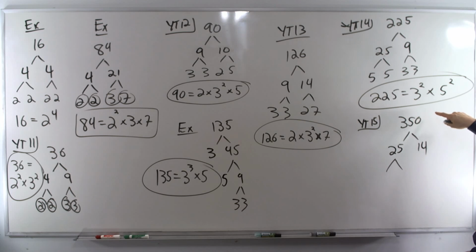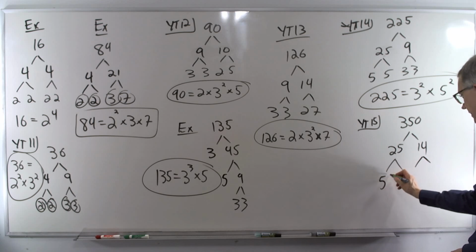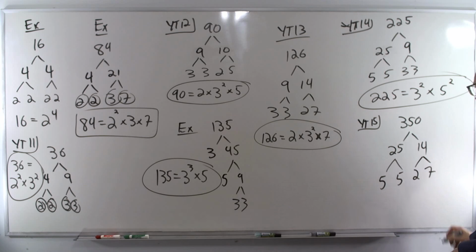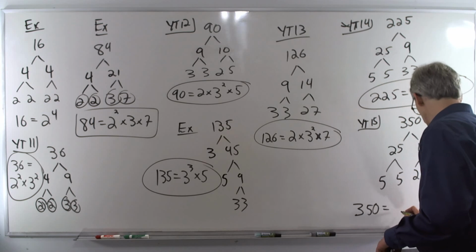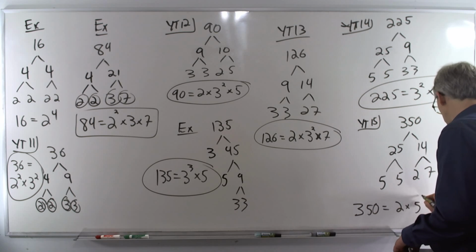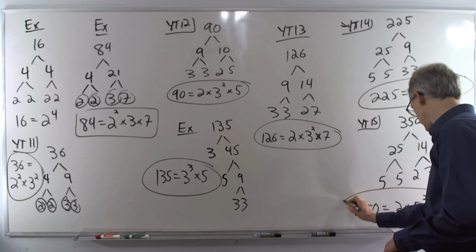All right, we got 4 25s in each 100. There are 3 hundreds, so that's 12. And then 2 more in 50, 14. All right, so we got 5, 5, 2 and 7, so that makes 350 equal to 2 times 5 squared times 7.